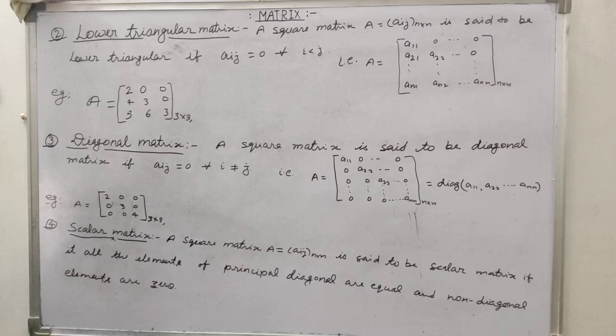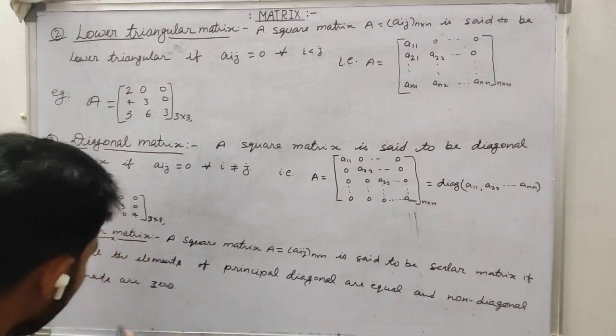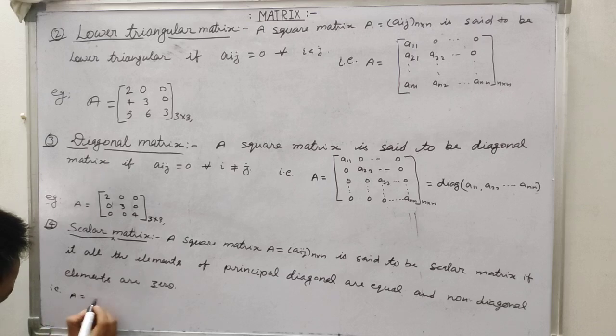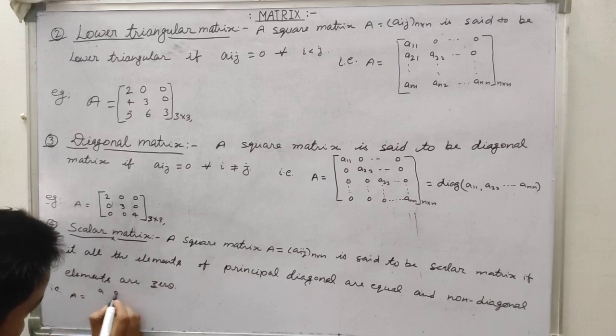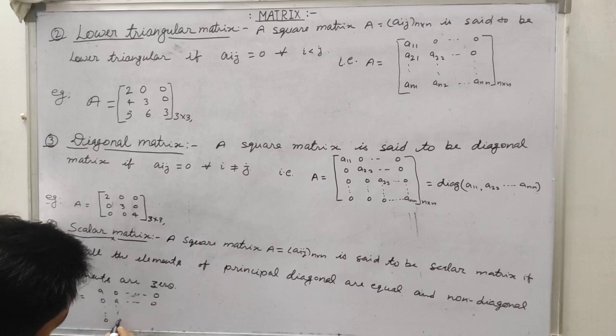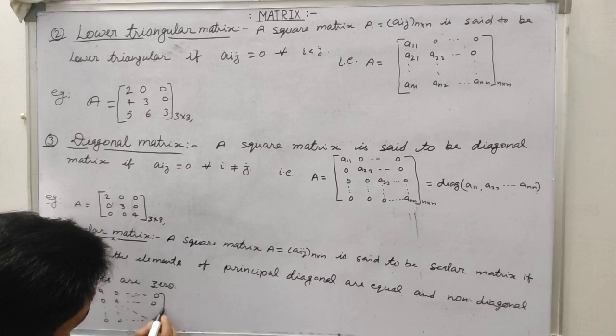That is, A is equal to A 0 0, 0 A ... 0, similarly 0 0 A, n cross n.